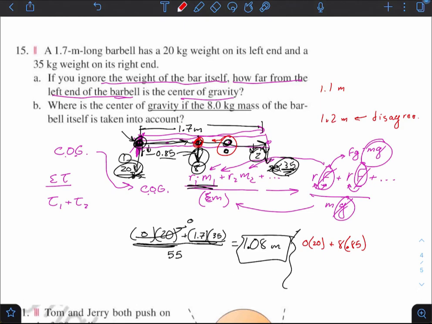It is. Plus the third mass, which is 35 kilograms, times that radial arm, which is 1.7, divided by the total mass, which is 20 plus 8 plus 35, which is 63 kilograms total.